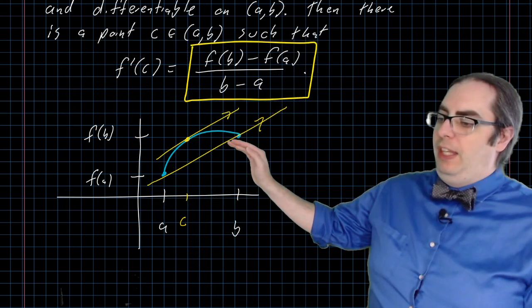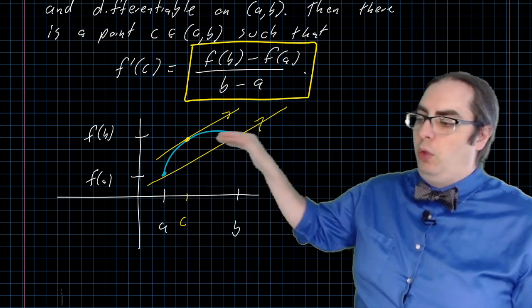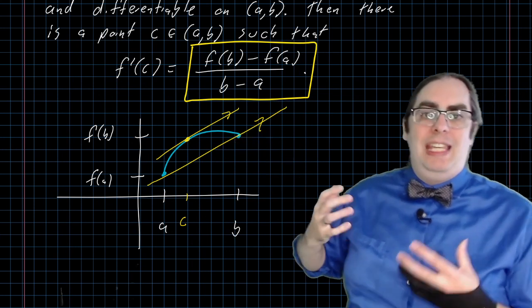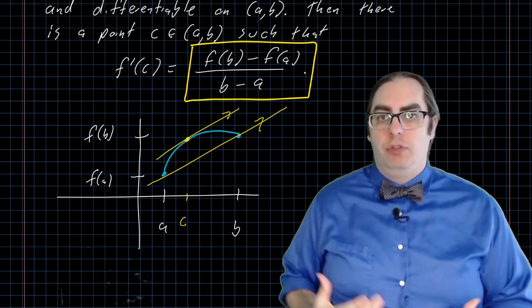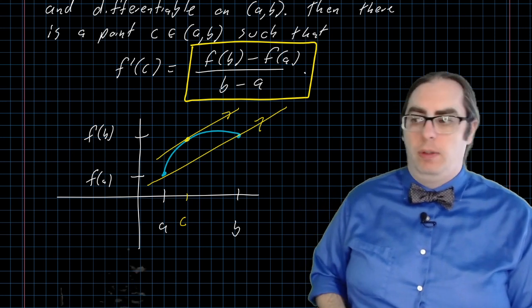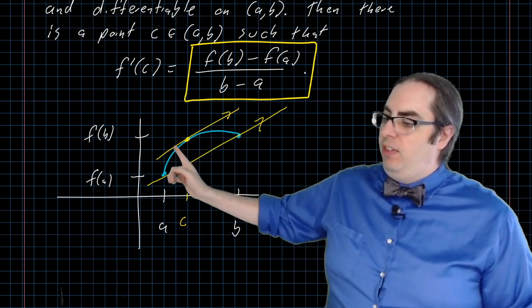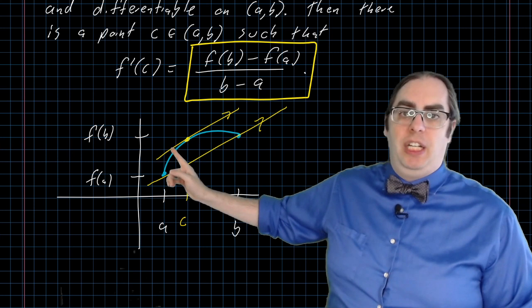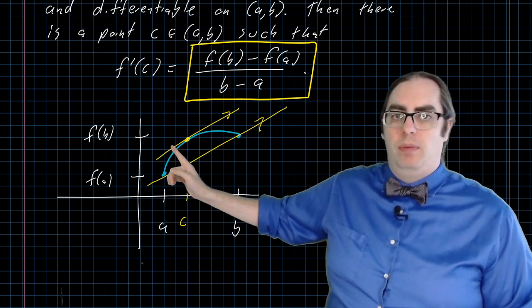The secant line, the line through those two endpoints, is the average rate of change of the function on this interval. This is the instantaneous rate of change of the function at this point.